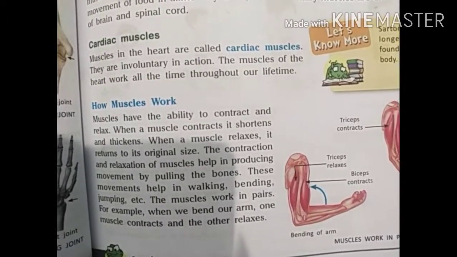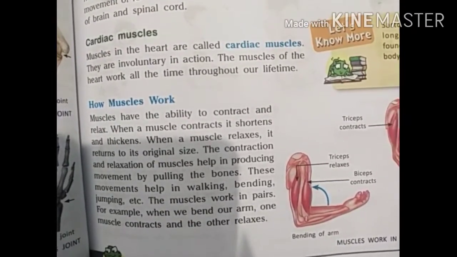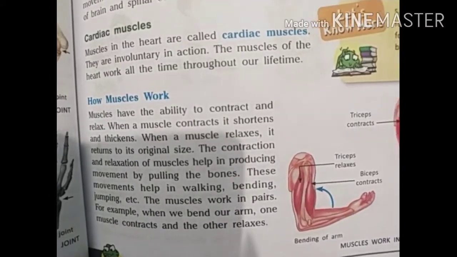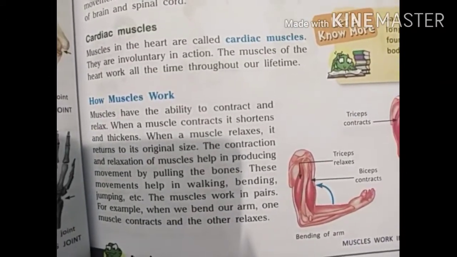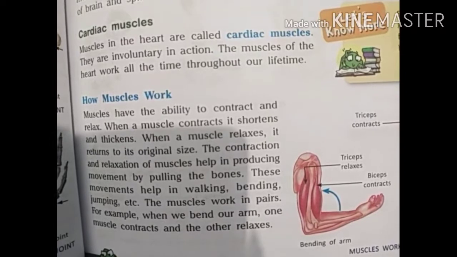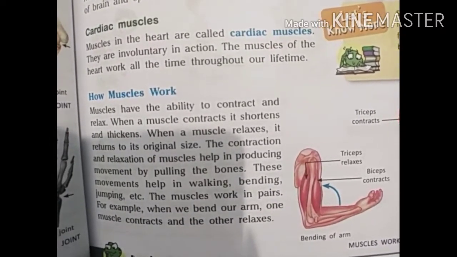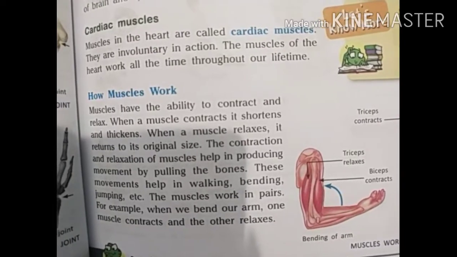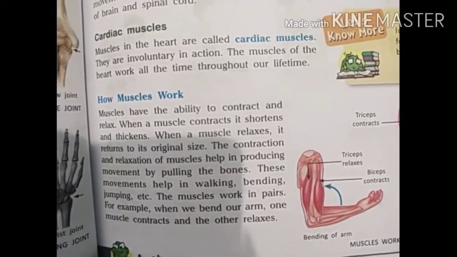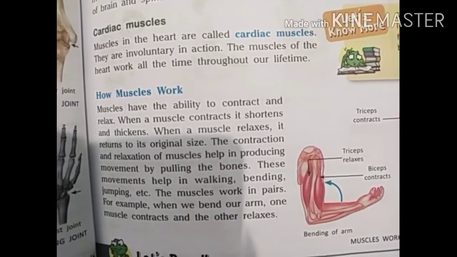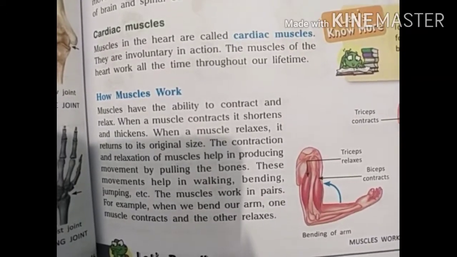Like when you want to walk, your legs move in a forward direction. When you want to drink a glass of water, your hand goes and takes the water from the fridge. So these are the things which we do according to our wish.